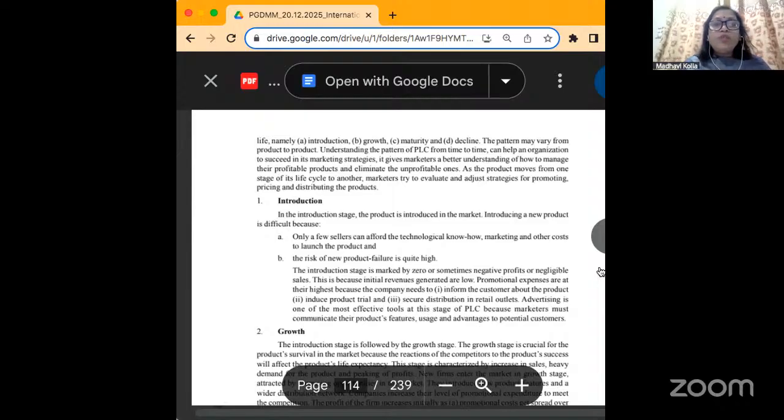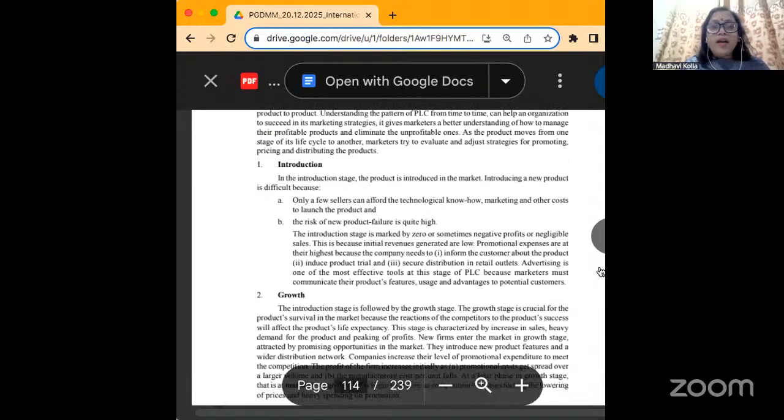So, the four stages of the product life cycle. In the first stage, we have the introduction, which is when the product is actually introduced in the market. We need to clearly differentiate here that when we are talking about introduction, it is not the introduction of the product per se, but the introduction of our product to the international market.